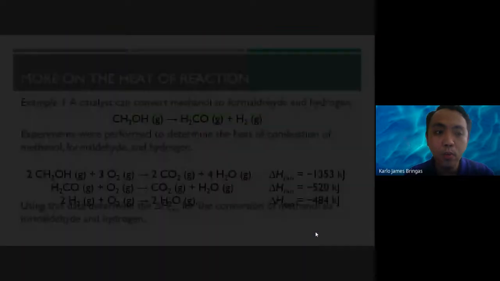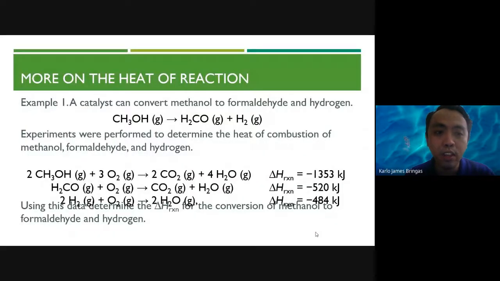So moving away from talk of food, this time let's talk about something a little more industrial based. When you are trying to convert methanol, which is one type of alcohol, into formaldehyde and hydrogen, we have the following chemical equation sa pinakataas.